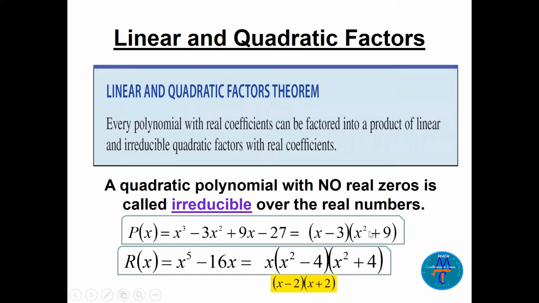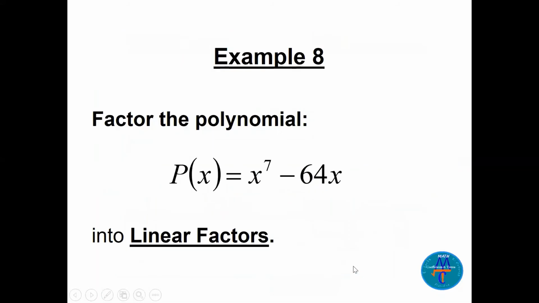Remember, we can factor it in the complex. So we call them irreducible. If we have this cube here, we can factor it as this, but we can continue if we need to use the complex numbers. This one, take x common, we have x to the power 4 minus 16. So x squared minus 4, x squared plus 4. This one we can do in the real numbers, difference of two squares, this one in the complex.